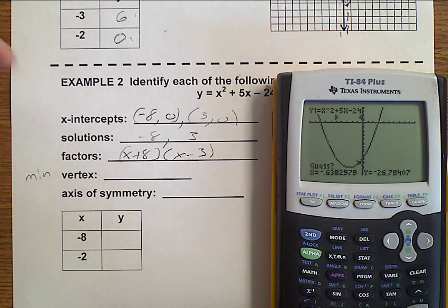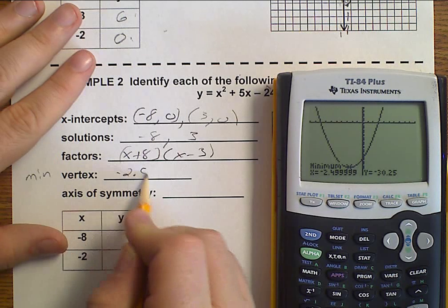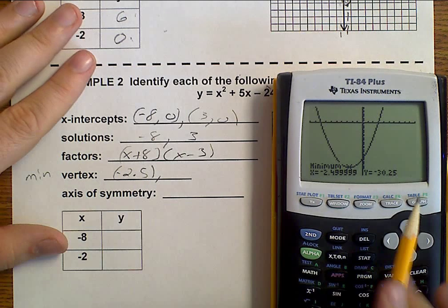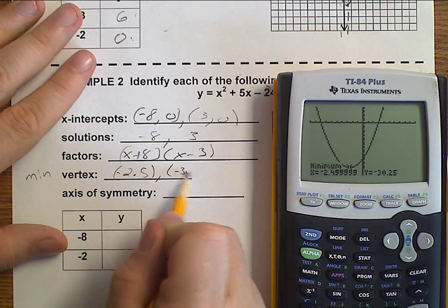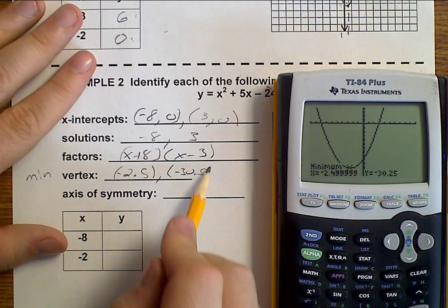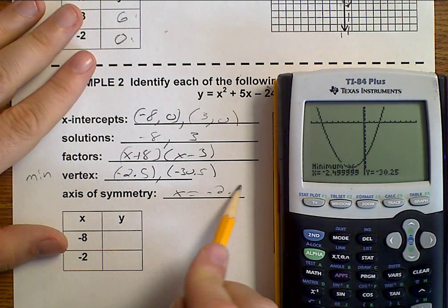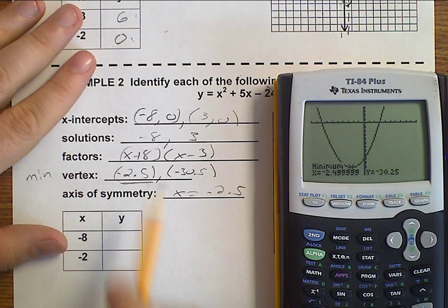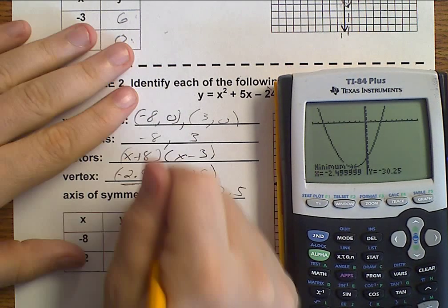We don't care to guess, we just hit enter, and it tells us -2.5, -30.5. Our axis of symmetry would be at x equals -2.5. Again, we just pull this one right here. Do not want those parentheses.